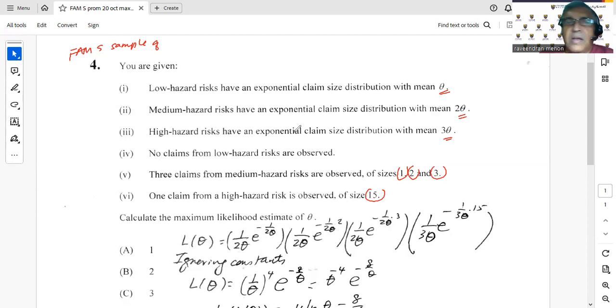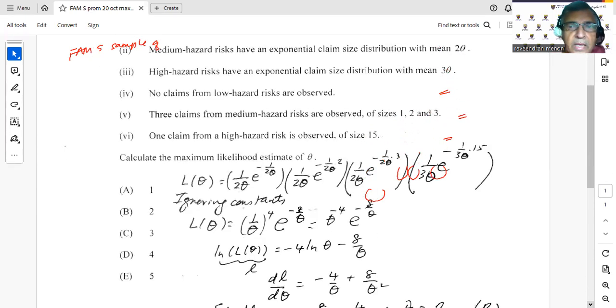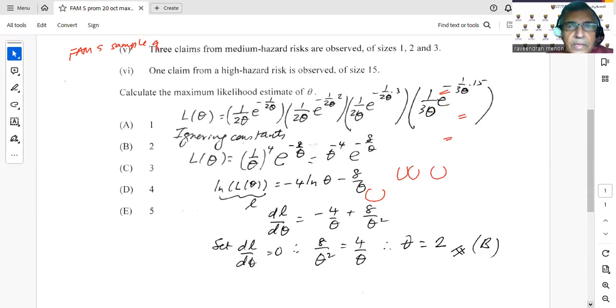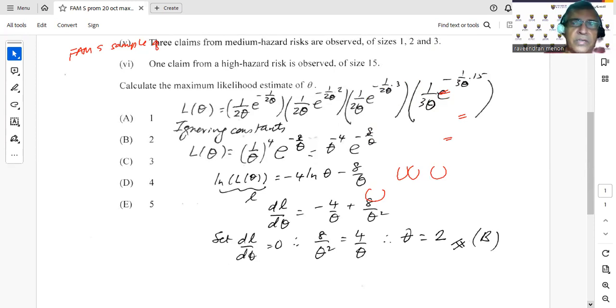As usual, we will start with the likelihood function, and then we'll create the log likelihood function and so on.